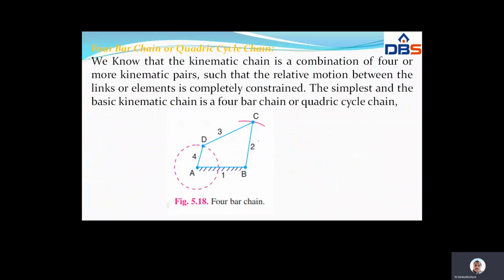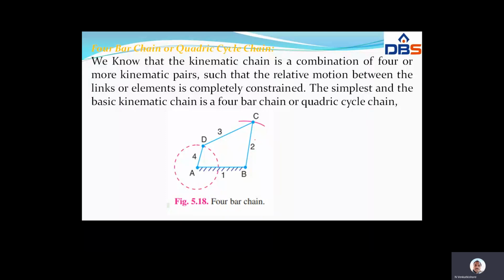You know that a kinematic chain has to follow some rules, that is, J = (3/2)L - 2. That is the formula we need to satisfy. So for every kinematic chain, the relative motion is always completely constrained.